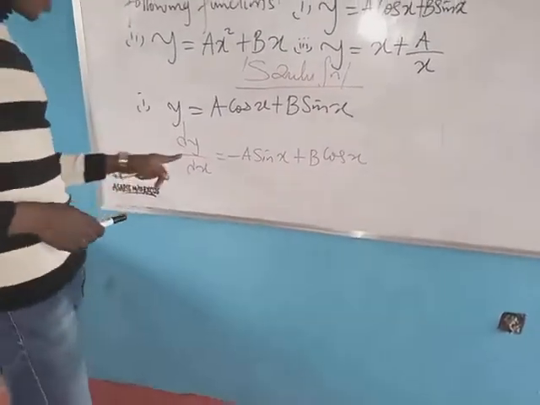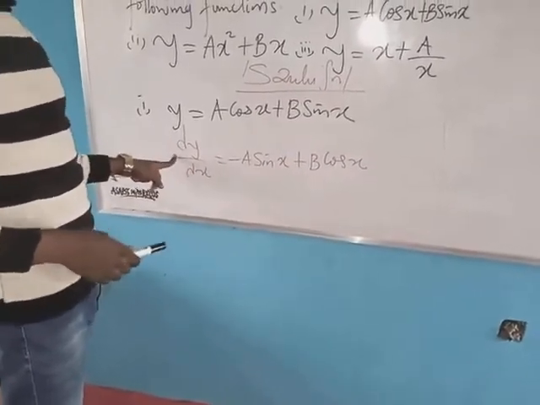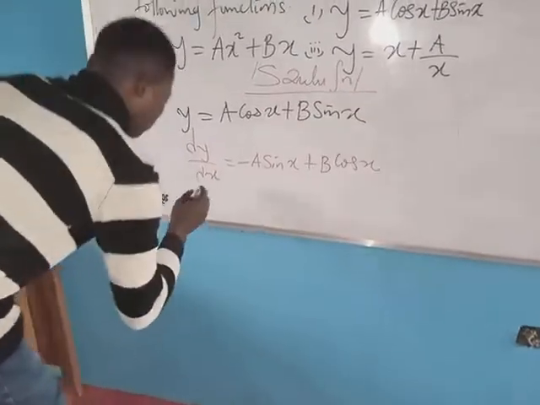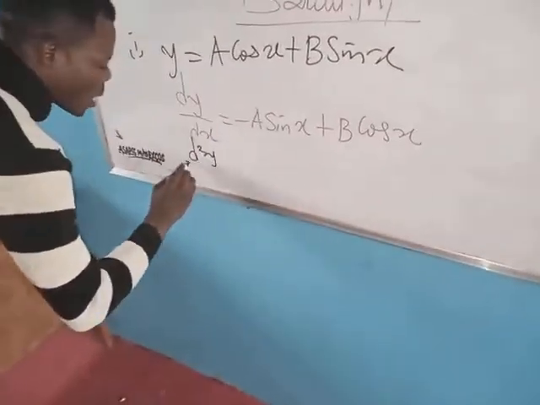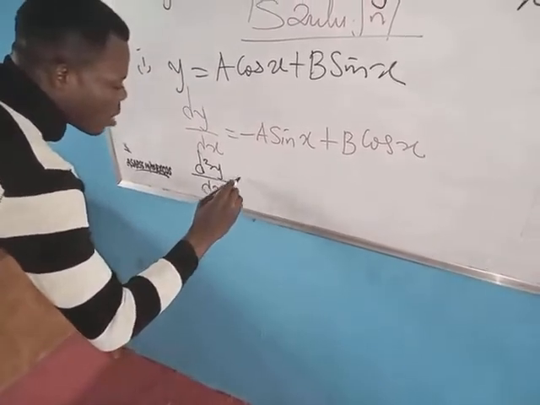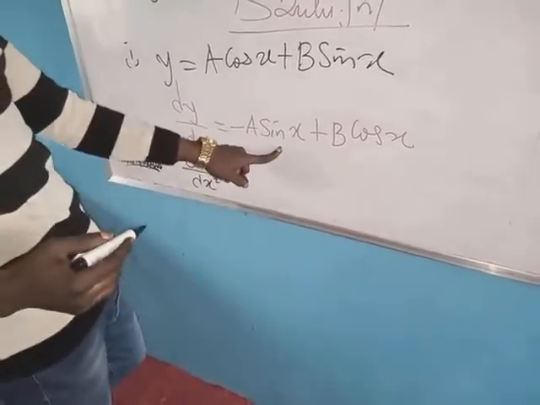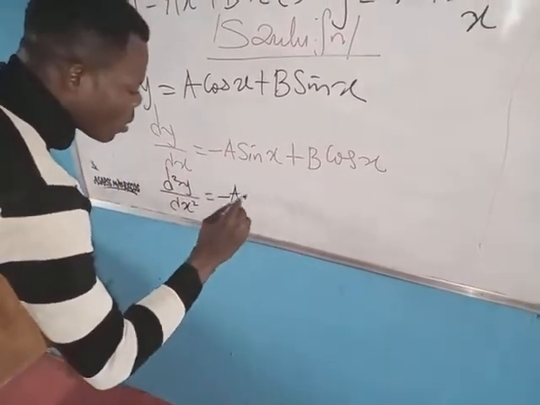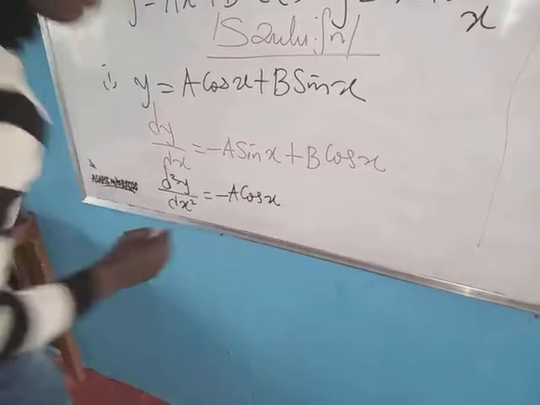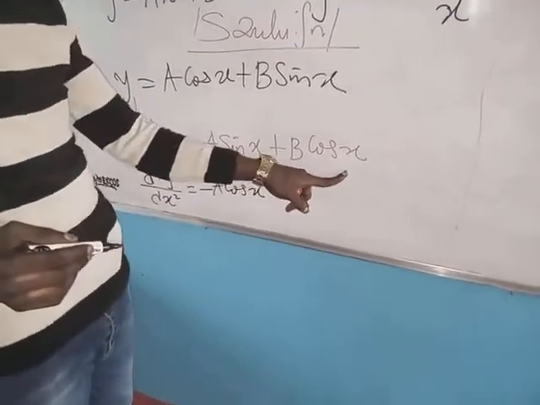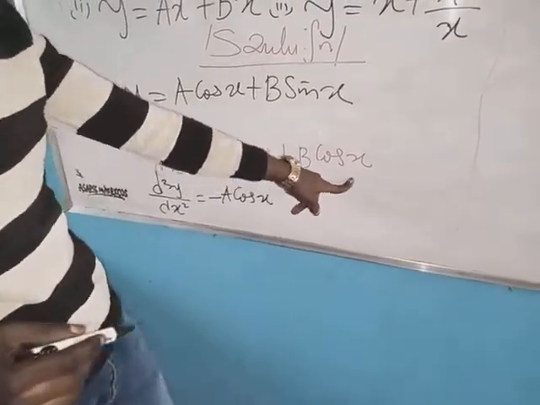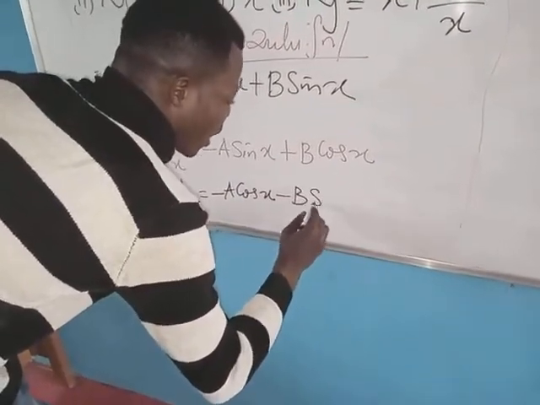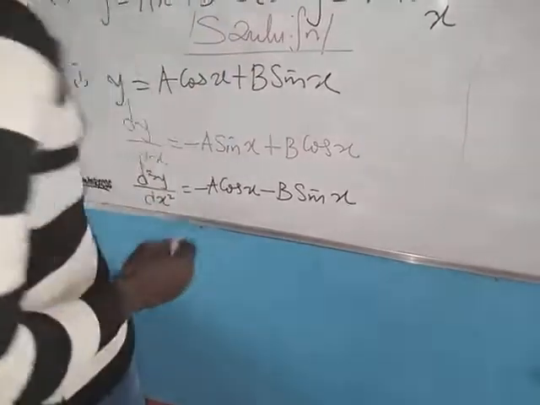If I differentiate this a second time, I will now have second order, like d squared y over dx squared. If you differentiate sine, I told you we are going to have cos. This will be minus A cos x, and if you differentiate cos, you are going to have minus sine. Then this will be minus B sin x.